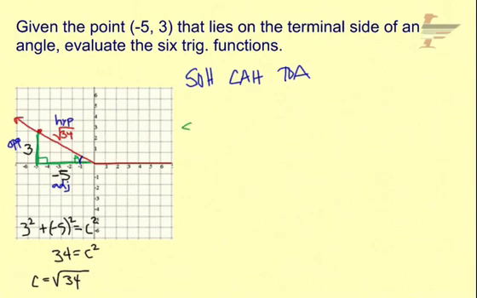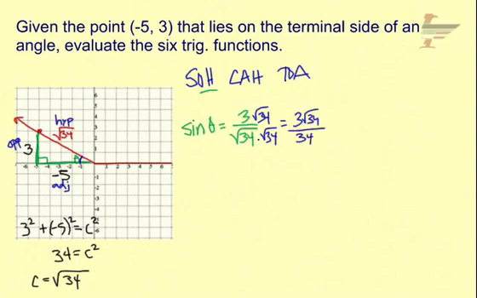So sine of theta is opposite over hypotenuse. If we look at our triangle, opposite is 3 over hypotenuse is square root of 34. Now we can't leave that radical in the denominator, so we rationalize. So 3 root 34 over 34.